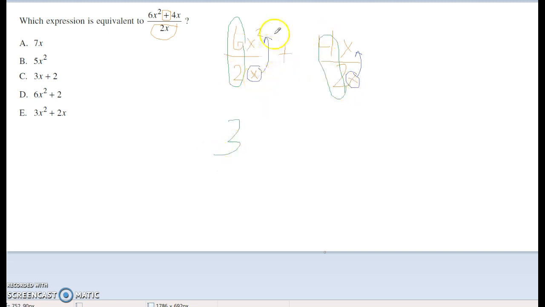If I take 1x away from 2 x's, I end up with 1x. 2 will go into 4 2 times. I keep my plus sign. And if I take 1x away from 1x, I'm left with 0 x's. So this is going to be the answer as to what is equivalent to this right here.